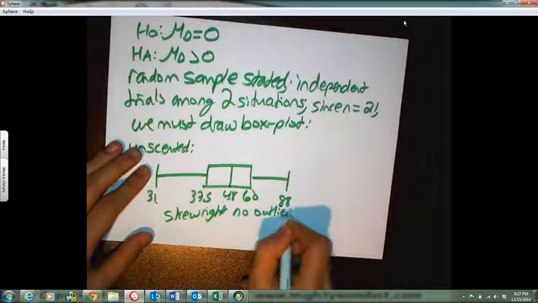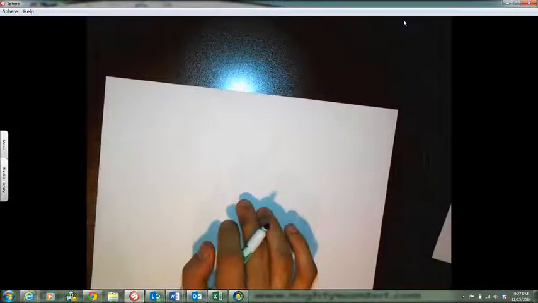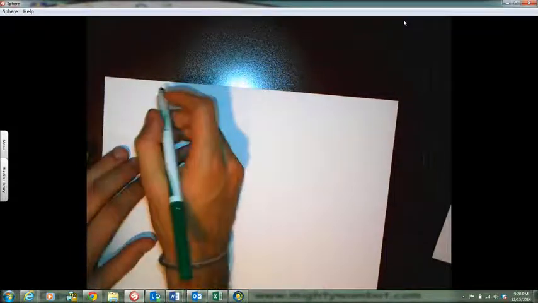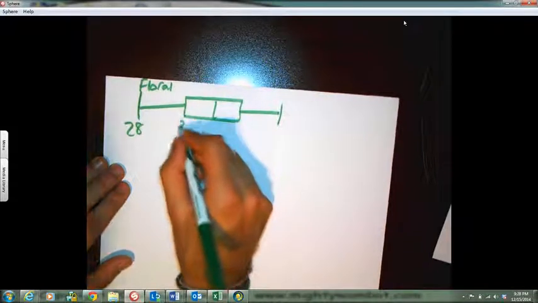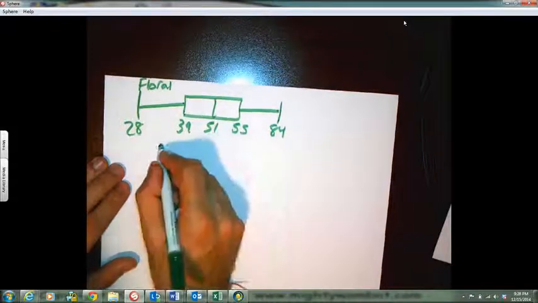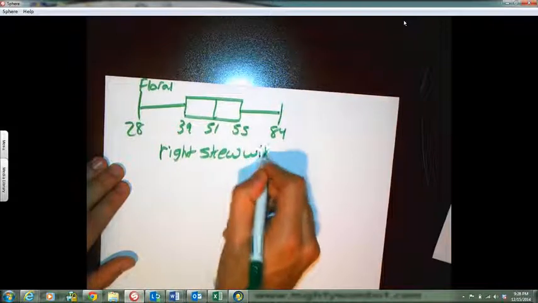And then floral, the next page. This is 28, by the way, this is floral. 39, 51, 55, 84. This is right skewed with 84 as an outlier.